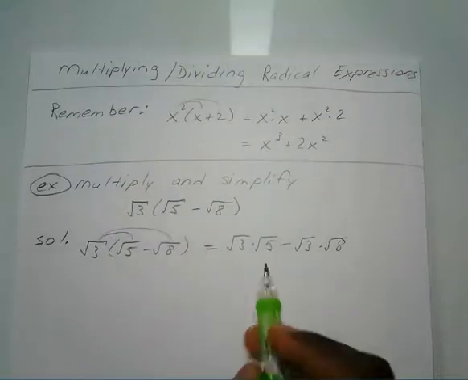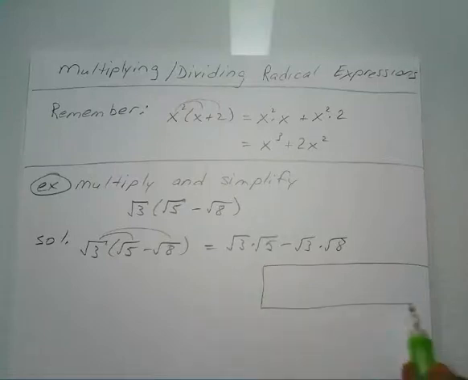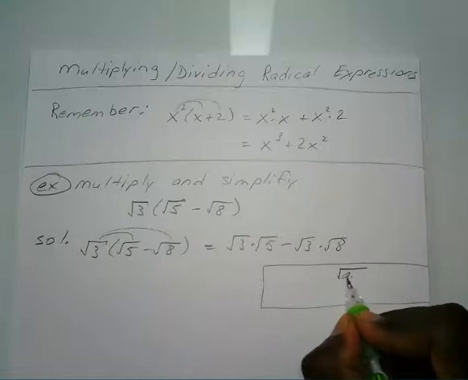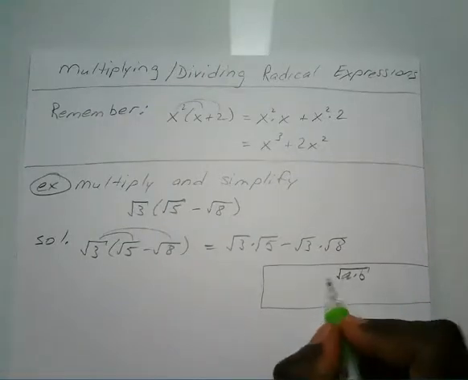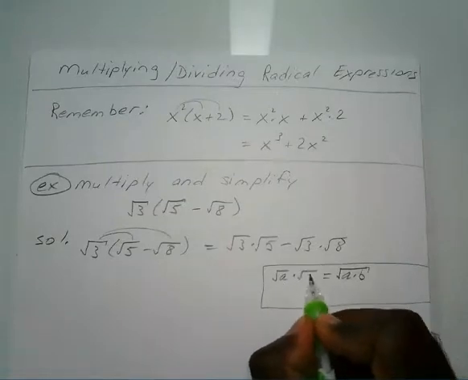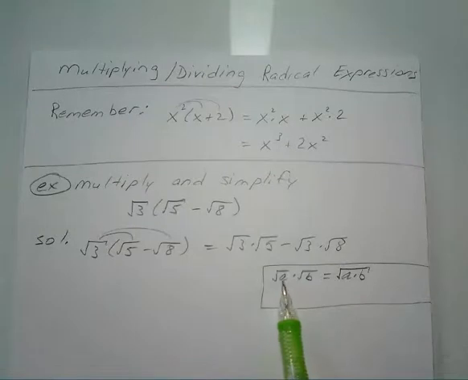Okay, now remember, little side note here, if you have square root of a times b, you can separate those. So that's square root of a times square root of b. But you can do that the other way also. If you have square root of a times square root of b, you can put them all under the same radical symbol as long as they have the same index.